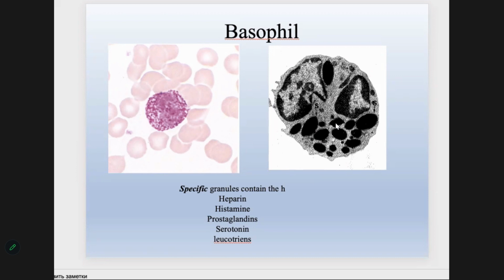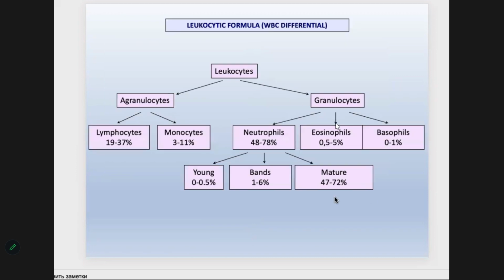So we talked about the group of granulocytes, their morphology and functions. And now we are speaking about the group of agranulocytes. These leukocytes have no specific granules in the cytoplasm, and their nuclei are non-segmented.